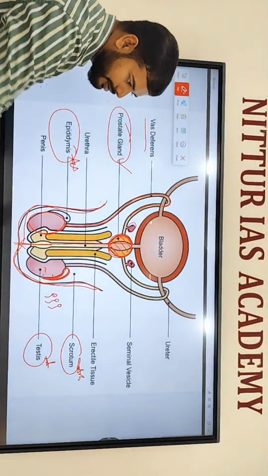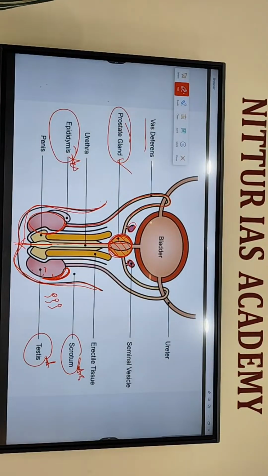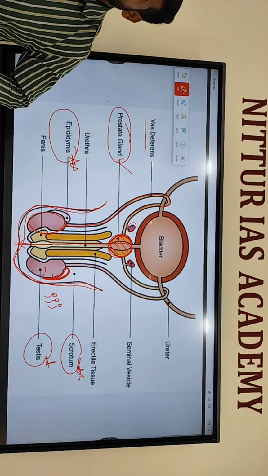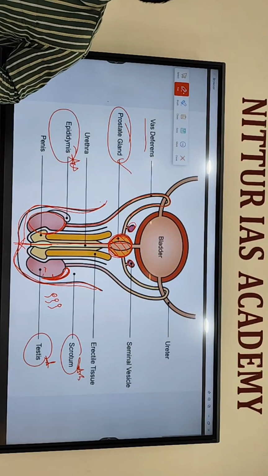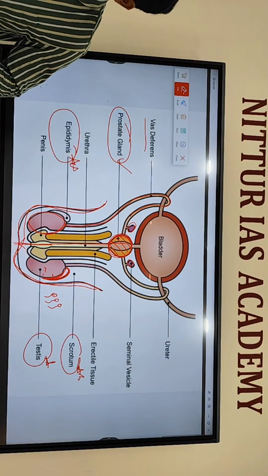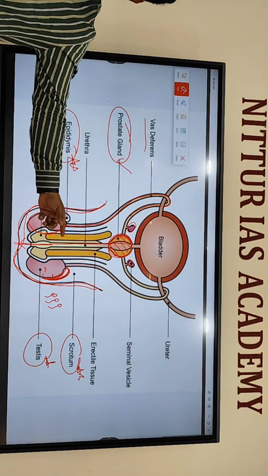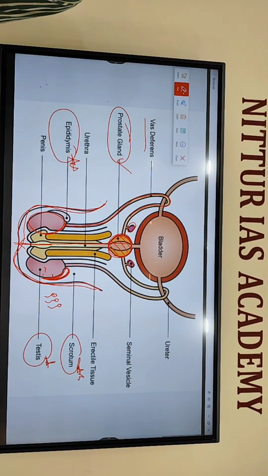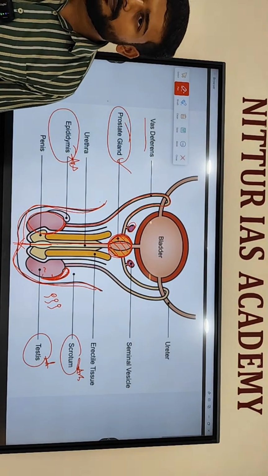The testis is present outside the abdominal cavity. In female, the ovary is present inside the abdominal cavity. But in male, the testis is present outside the abdominal cavity. Reason?